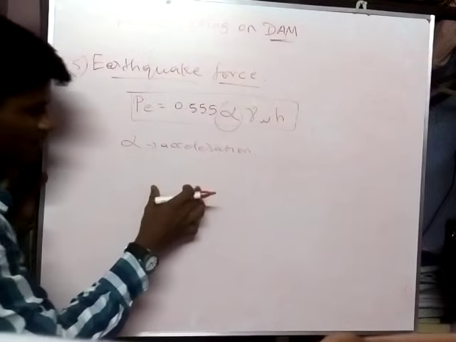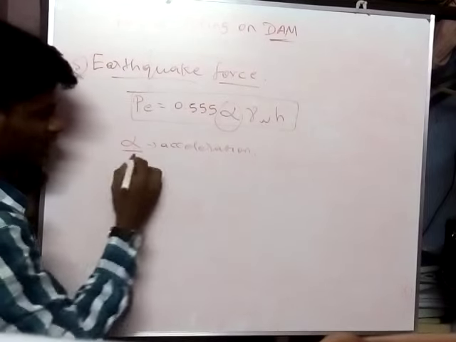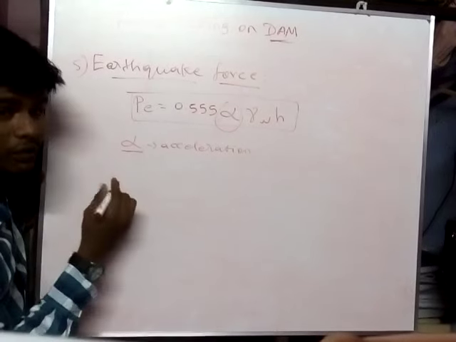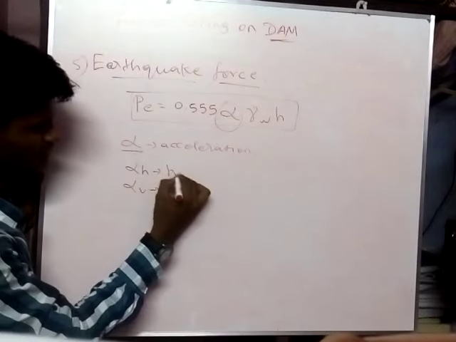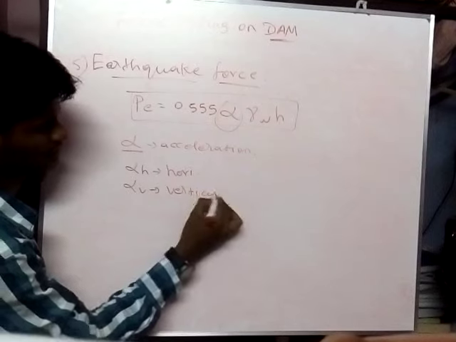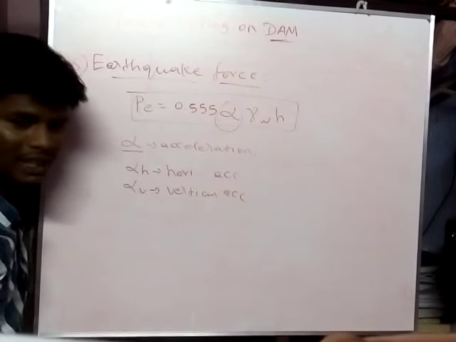During an earthquake, the water will accelerate. There are two accelerations available during an earthquake, alpha H and alpha V: horizontal acceleration and vertical acceleration.